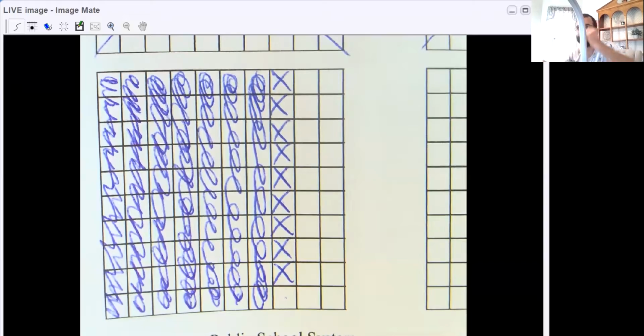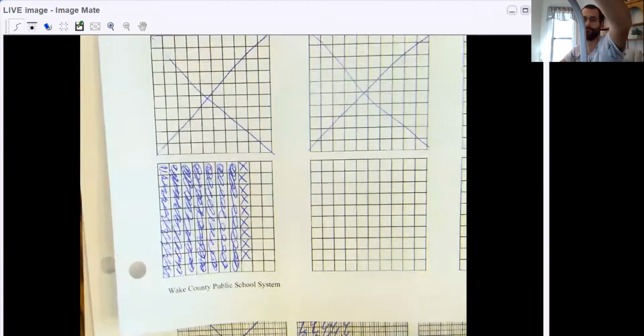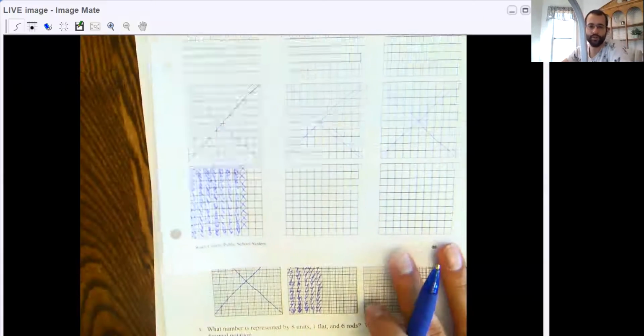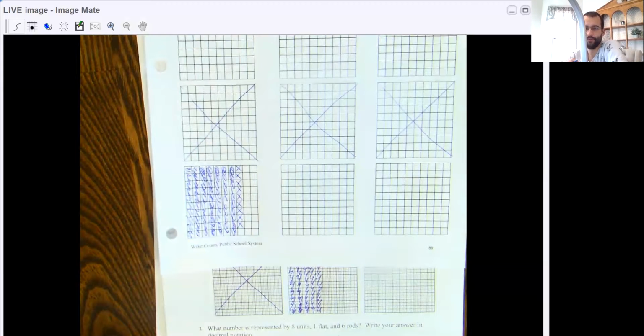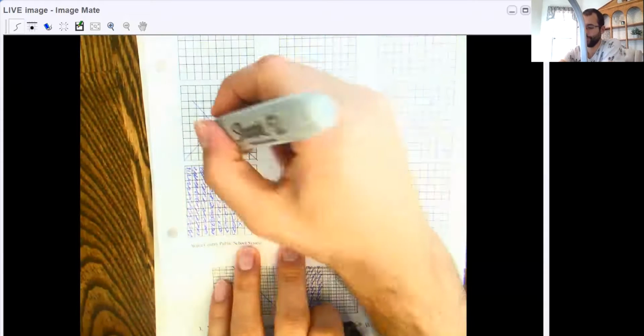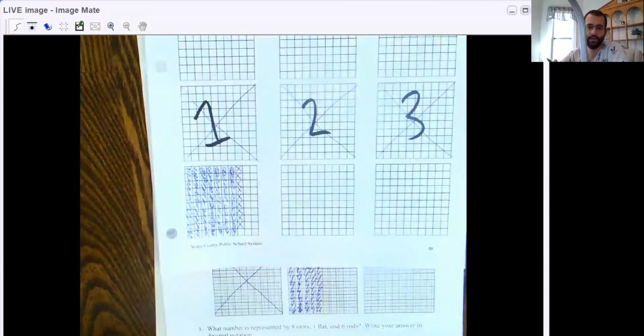So when I look at this problem in full, let me zoom back out. You're going to notice you've got 3 whole pictures that are shaded. So this being 1, 2, and 3.